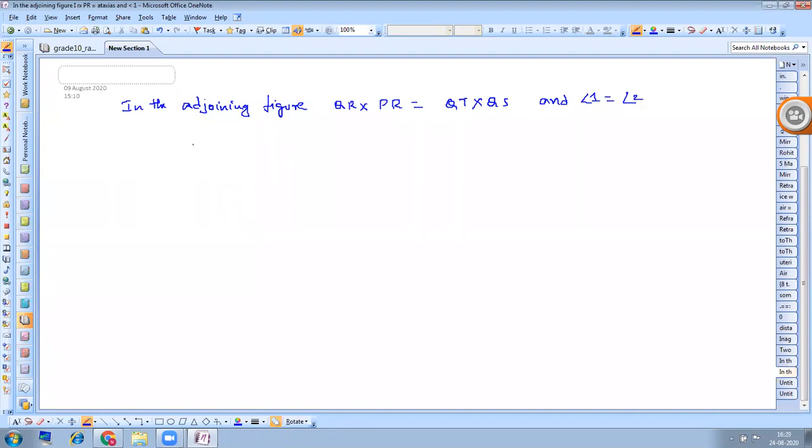Show that triangle PQS is similar to triangle TQR. So I am drawing the triangle.